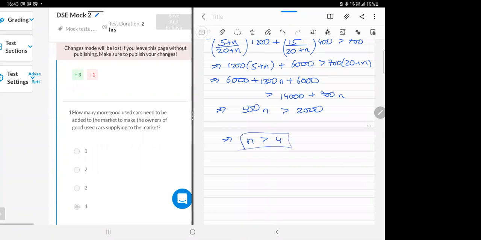So n was the number of new cars which need to be added. So at 4 new cars, they become indifferent between selling or not selling. So n greater than or equal to 4.